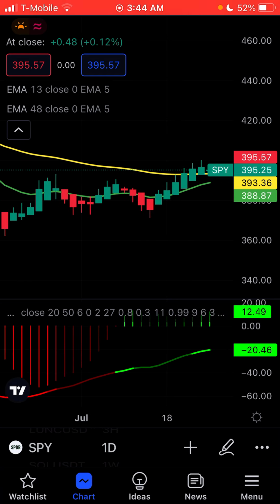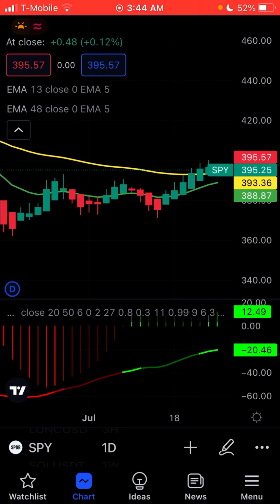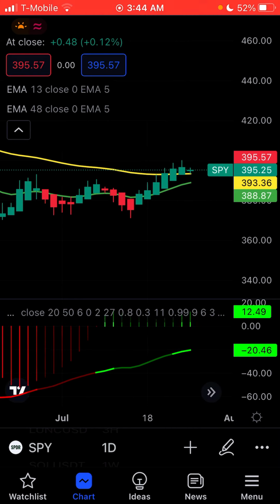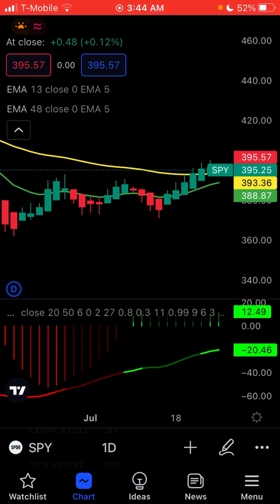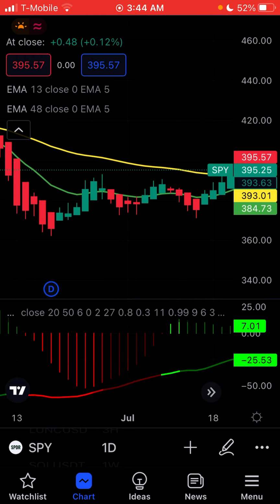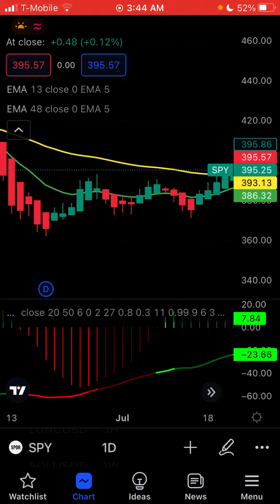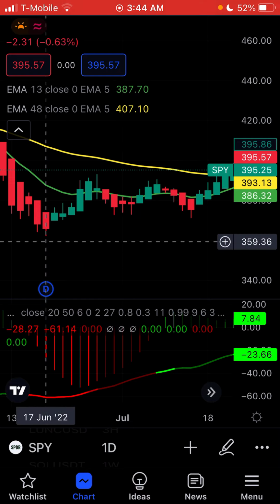Okay, so I've mentioned this before, I've covered these indicators before. You can really trade on knowing these indicators. When it's in the red, you see at the bottom, when the bars are light red, that usually means it's going to keep going down.